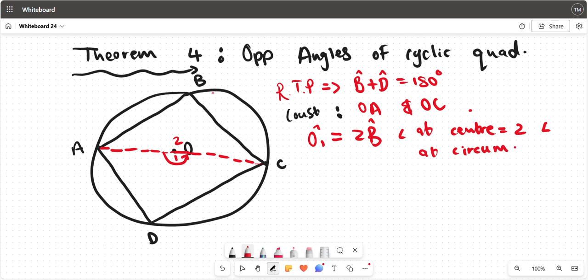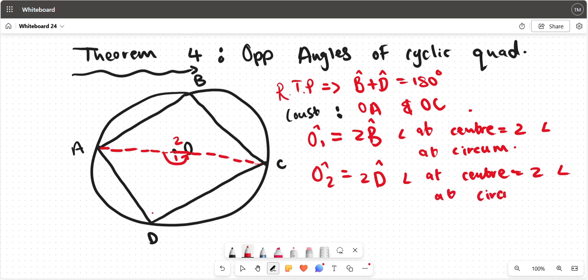So since O1 equals twice B, O2 at the top is equal to twice D. And again, same reason: angle at center equals twice angle at circumference. Right? So now I've stated those two things.